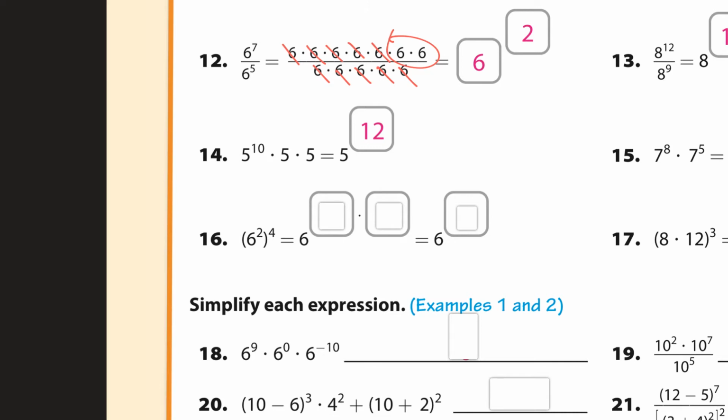So 5 to the 10th means you have 1, 2, 3, 4, 5, 6, 7, 8, 9, 10. And then these two, I'll put in blue, times 5 times 5. And altogether, I should have 12. 1, 2, 3, 4, 5, 6, 7, 8, 9, 10, 11, 12. Yeah, 5 to the 12th.